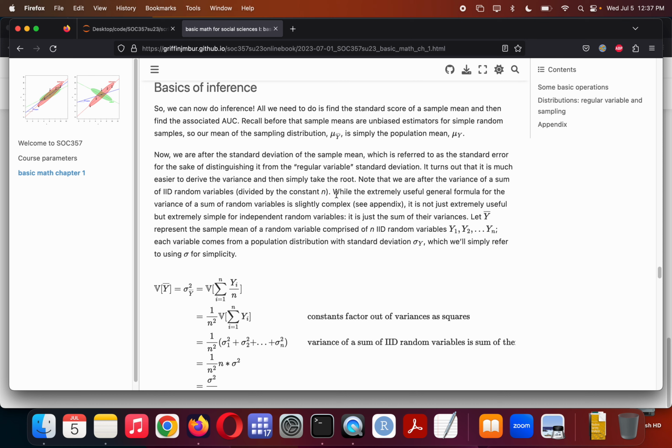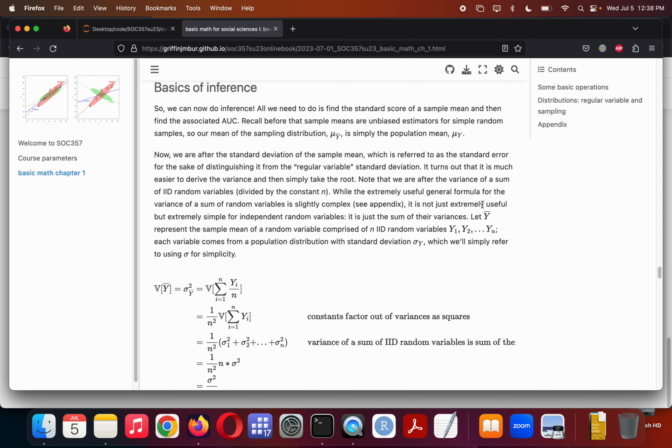There is a really useful general formula for the variance of a sum of random variables that may or may not be related. You can see the appendix here if you're interested. It's useful but also extremely simple for independent random variables. The variance of the sum of n independent random variables is just n times their variance if they all have the same variance, or it's just the sum of the variances if they're different.